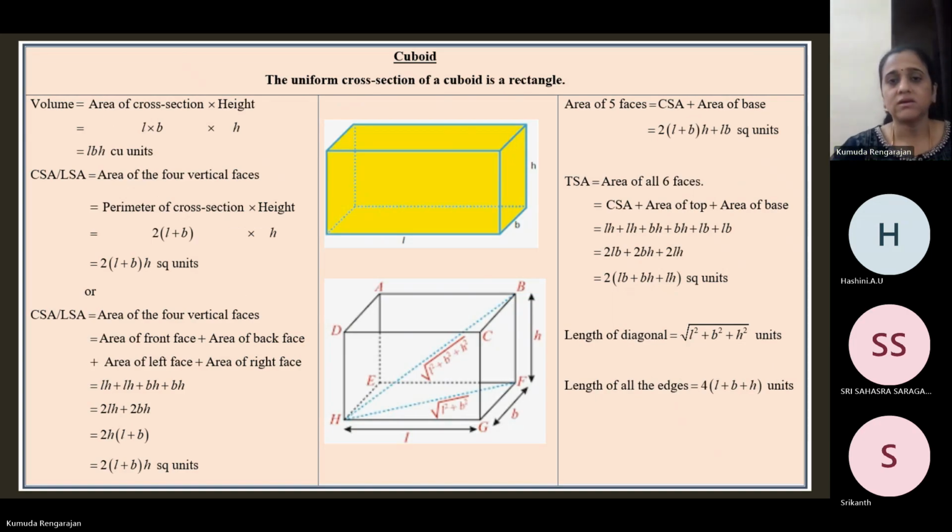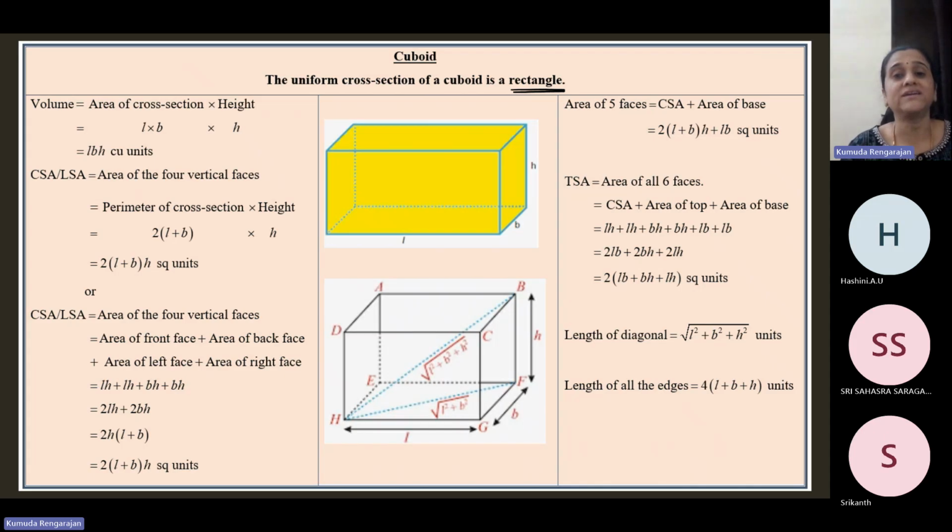Cuboid, cross section is a rectangle, meaning many identical rectangles. If you stack many identical rectangles to any height, it's going to be a cuboid. So no restrictions. You stack them up to any height and the solid obtained is a cuboid.